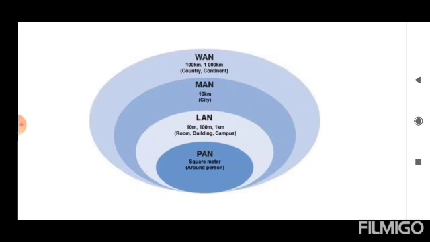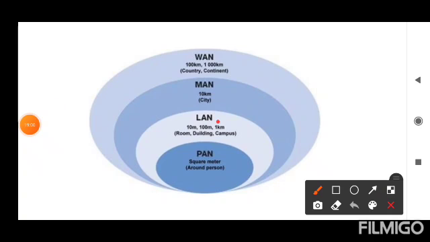Then second is LAN, local area network, which is a privately owned network covering a small geographic area, that means 10 meters to 1 kilometer, like a home, office, building, etc. Then third is MAN, metropolitan area network, which covers a large geographical area, 1 kilometer to 10 kilometers, ranging from several blocks of buildings to entire cities.